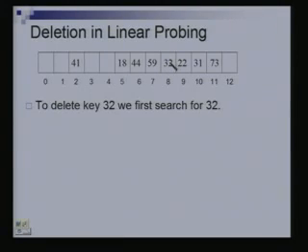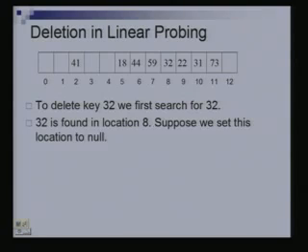So what should I do? Should I remove 32? 32 is found in location 8. Now suppose I just remove it by setting this location to null. I remove 32 from here. Is this a good idea? No. Why is this not a good idea?